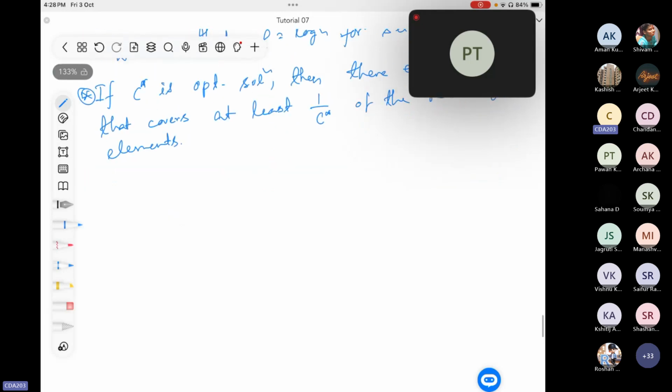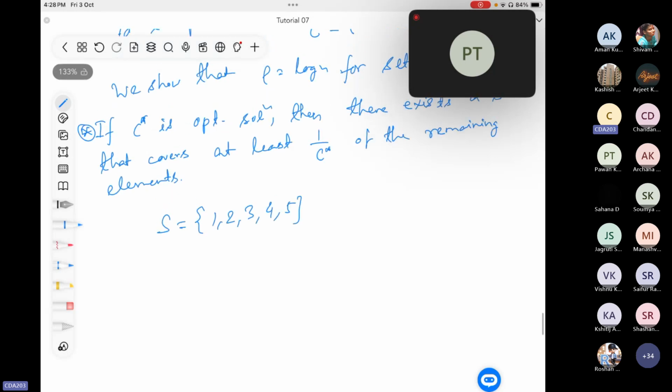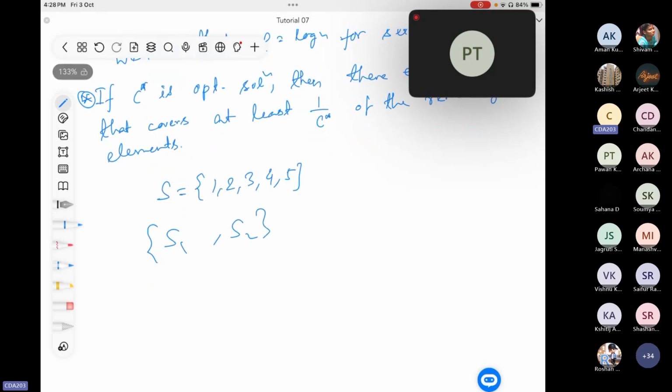Why? Let's say you have a set of 5 numbers, and let's say your optimal solution consists of just these two sets, S1 and S2.